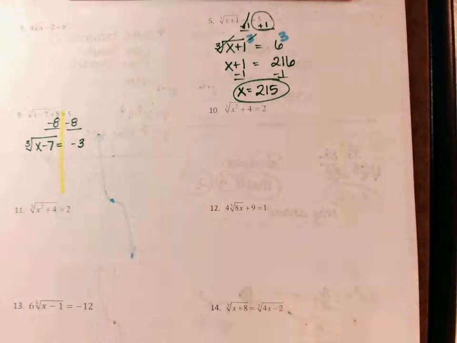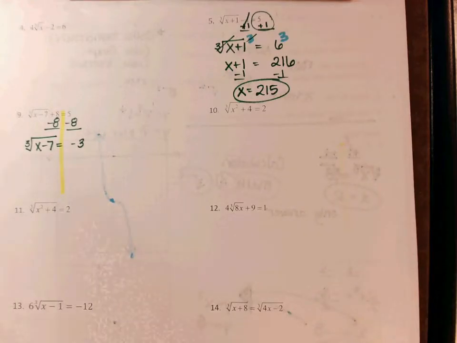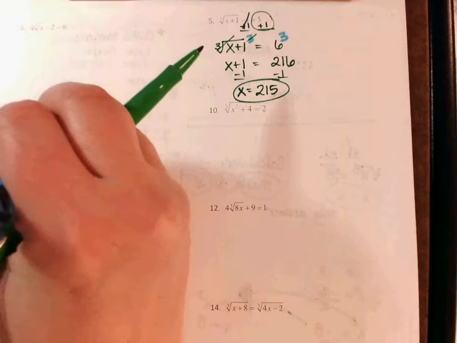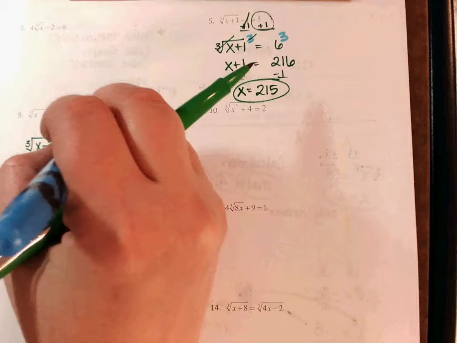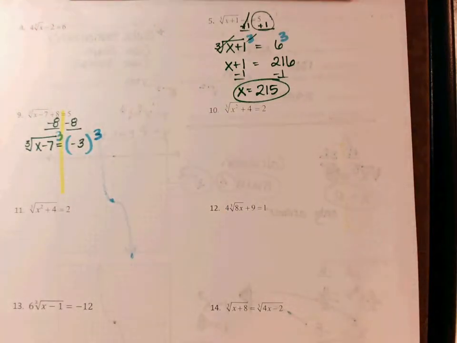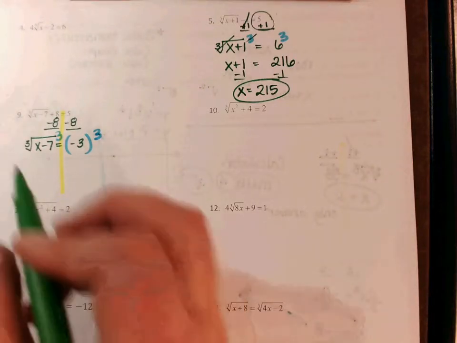Okay, now when I squared, I had to make sure to put parentheses around it if it was negative. It is the same rule for cubes. So when I cube here, I need to cube with parentheses there. Okay? And then remember, the cube and the cubic root cross out, so it's just an x minus 7.